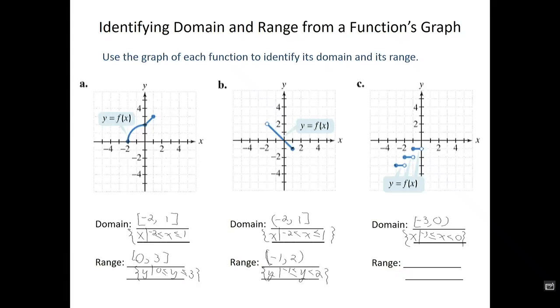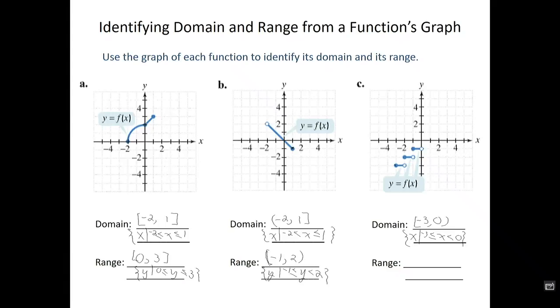The range, so we're going to look along the y-axis. And as we can see here, we have horizontal lines. We have -3, -2, -1. So in the range, we only have integers.